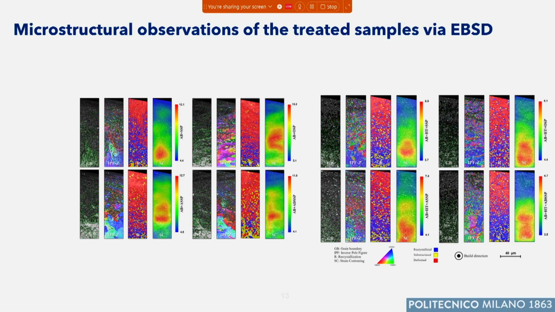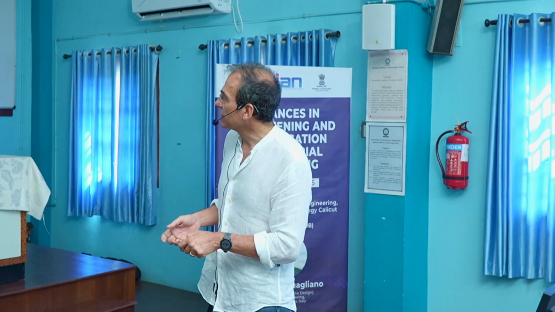Here are some other microstructural observations of the treated samples, by SSP and the other treatments, via EBSD. It's a pity that on the screen it's not possible to clearly recognize the figure, but anyway, we see here ascending shot peening and ascending descending shot peening, and each of them corresponds to an almost similar level of grain refinement.